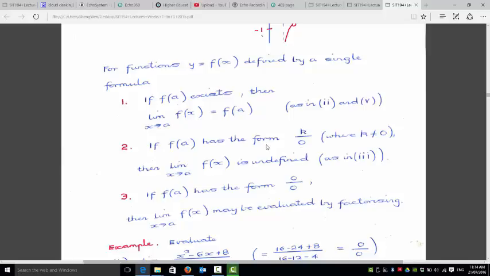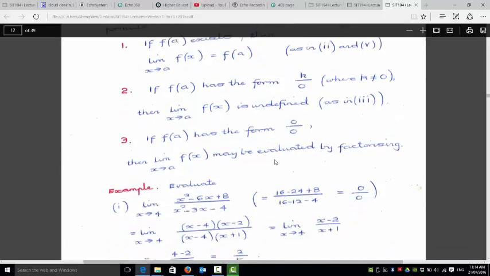If f(a) has the form k over 0, the limit of the function will be undefined. If the function has the form 0 over 0, it's better to evaluate it by factorizing, as x tends to 0.